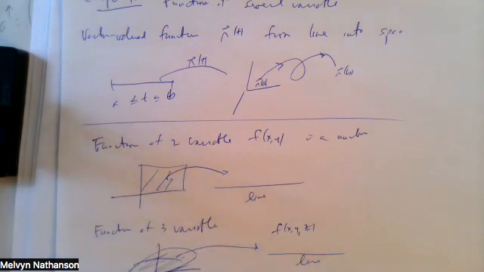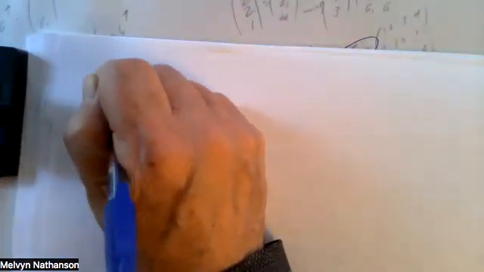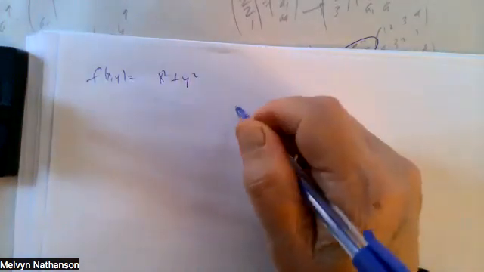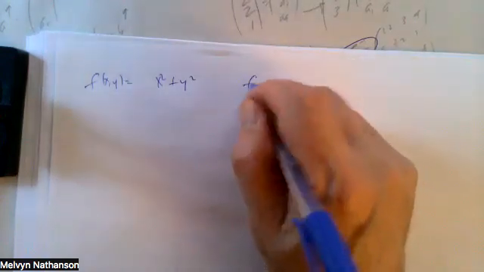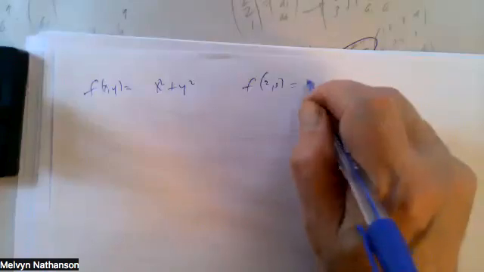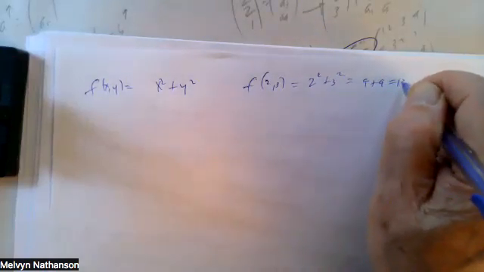So for example, you might have f of x, y is x squared plus y squared. So if you take the vector 2, 3, that has the value 2 squared plus 3 squared, or 4 plus 9, or 13.